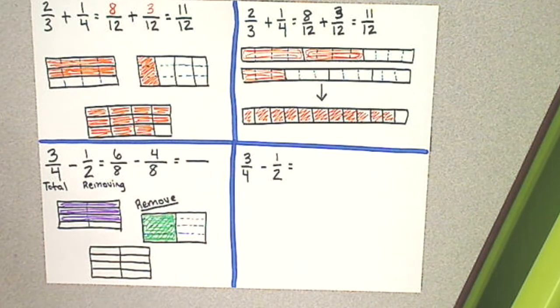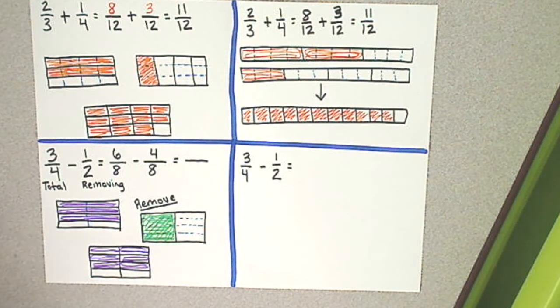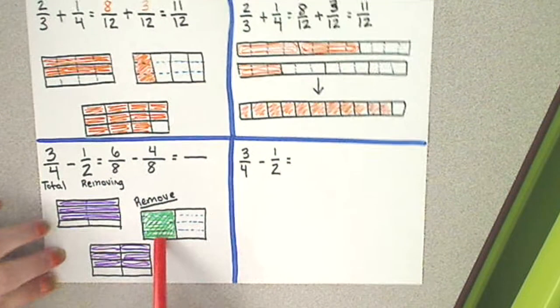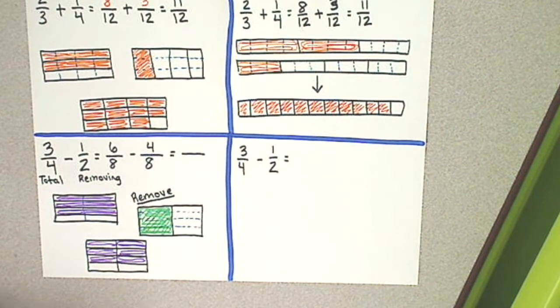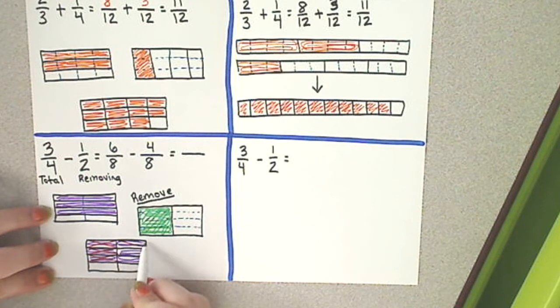Now this time, I only need to shade the purple. So there's 1, 2, 3, 4, 5, and 6. And now I need to remove my 4/8. So there's 1, 2, 3, 4.